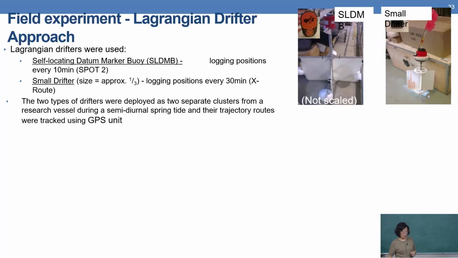And then we have a field experiment. We got a research vessel, and we found that for the sediment transport or for the salinity transport, the dispersion coefficient is always just assumed to be a constant.